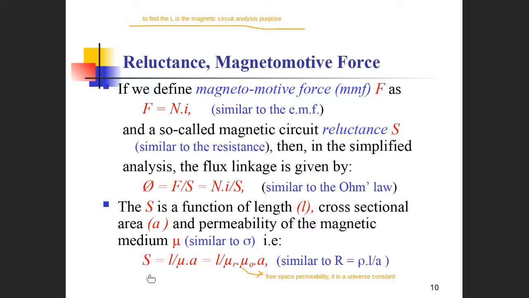All the rules applicable to Ohm's law are applicable here. This is the magnetic circuit Ohm's law. You can understand this one. So in parallel circuits, series circuits, and networks, we will base on these three concepts to analyze a magnetic circuit.